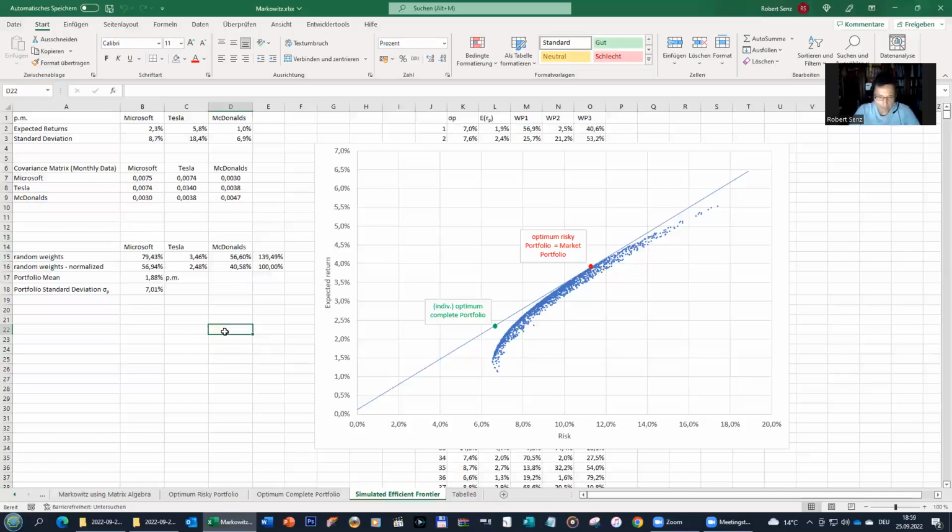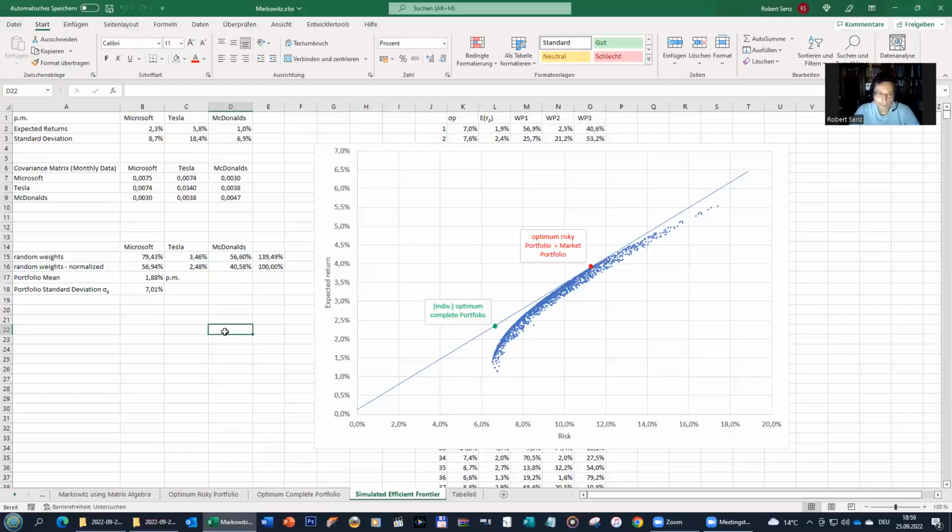Like correlations, covariances can move, so what this Markowitz optimization is showing you are the optimum weights within a historical period of time. These were the best weights for the last 5 years. This doesn't necessarily mean this is the best weight for the next 5 years. So don't get too exaggerated about this procedure.